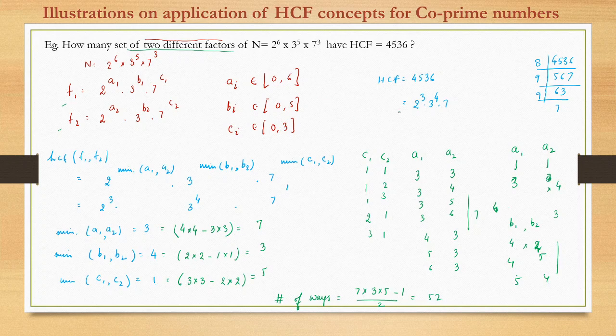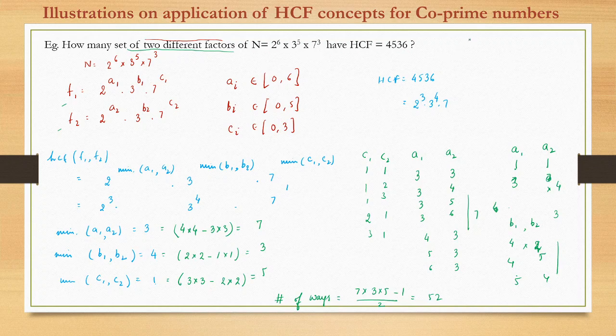I don't know whether I have sufficient space left here, but suppose I can delete this. How many sets of two different factors of n have HCF 4, 5, 3, 6?